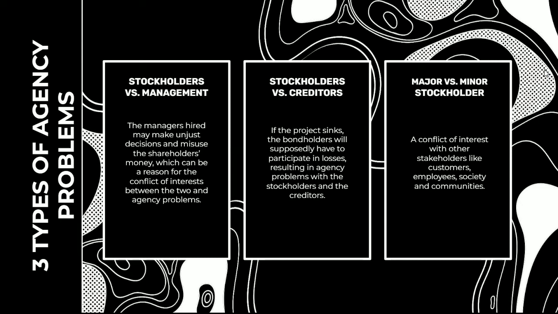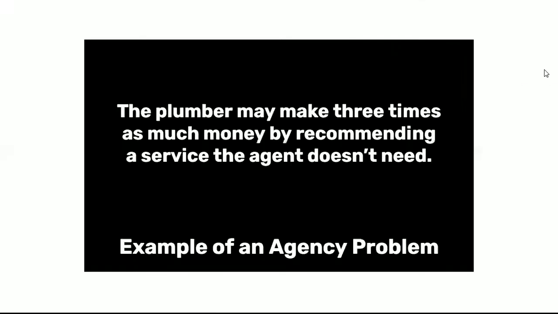If the project sinks, the bondholders will supposedly have to participate in losses, resulting in agency problems with the stockholders and the creditors. Three, major versus minor stockholders. A conflict of interest with other stakeholders like customers, employees, society, and communities.